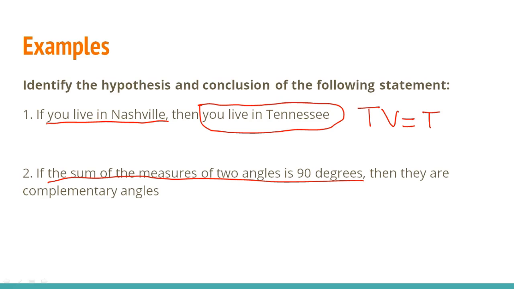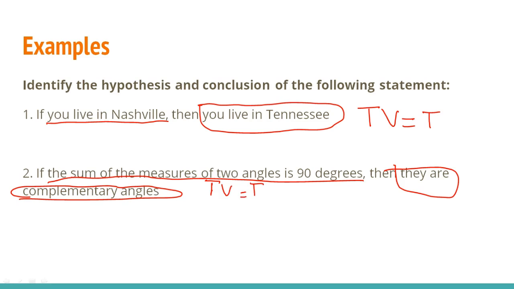And our conclusion here is that they are complementary angles. So I'll circle my conclusion. And once again, if we have two angles that are added together and equal 90 degrees, we do in fact have complementary angles. So our truth value here would be true as well.